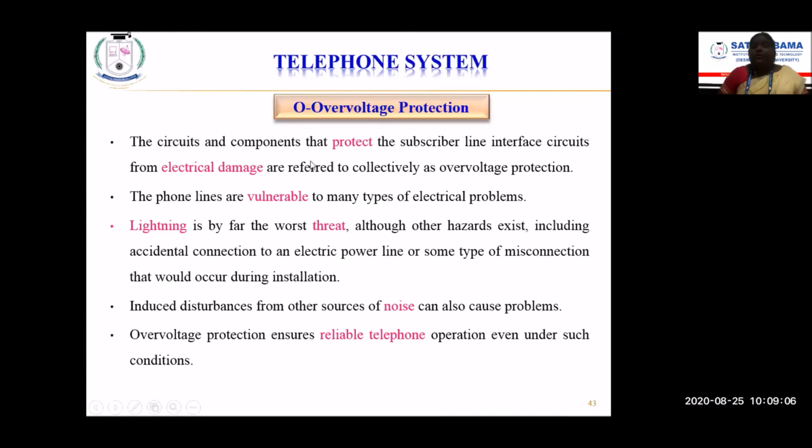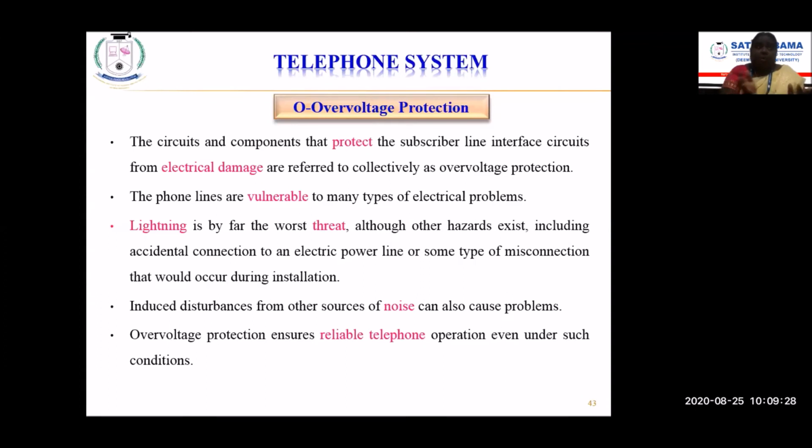The circuits and components that protect the subscriber line interface circuits from electrical damage are referred to as the over voltage protection. There will be resistors and other components or load connections that nullify the over voltage occurring in the circuit. It is something similar to your voltage stabilizer.